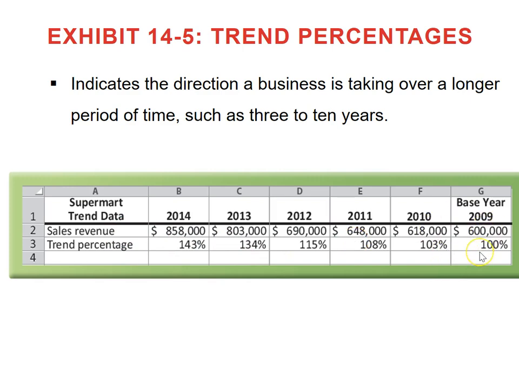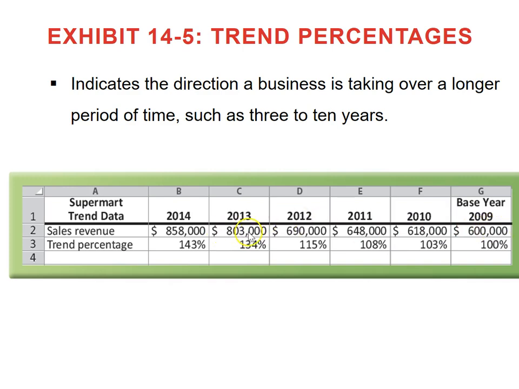Now here what we just did, we expressed everything as a percentage of a base year. So 2009 is the base year. If you consider only the sales number, 2009 sales is 600,000. Now for every year we are expressing it as a percentage of 2009. So 2010 sales of 618,000 divided by 2009 sales, which is 600,000, you will find 103%. Or for example, in 2013 your sales is 803,000 and your base year is 600,000.